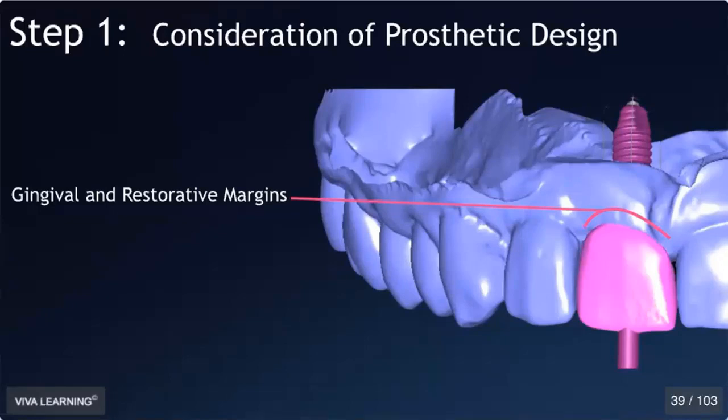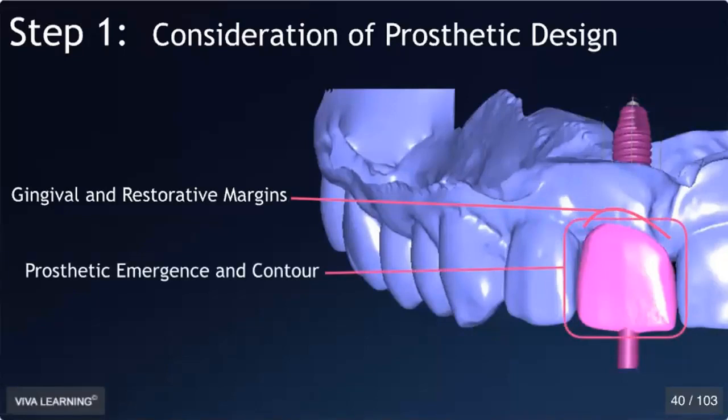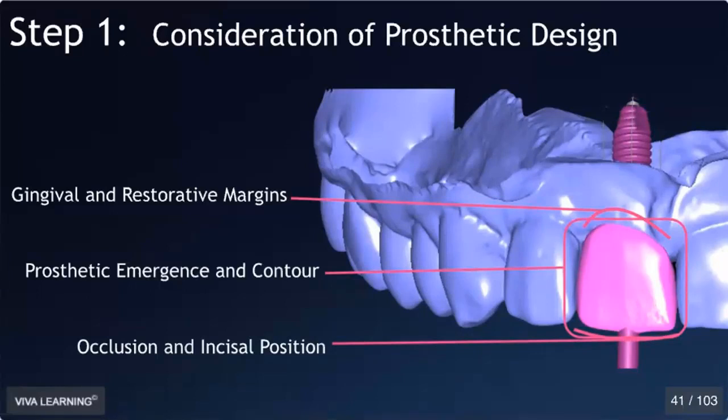Compare that to the dummy tooth that the software will let you place when we're planning implants. That might be impossible to really visualize effectively. In addition, we really want to be able to see the prosthetic emergence and contour of the tooth crown. That can help us figure out emergence as well. And then obviously occlusion and incisal edge position.